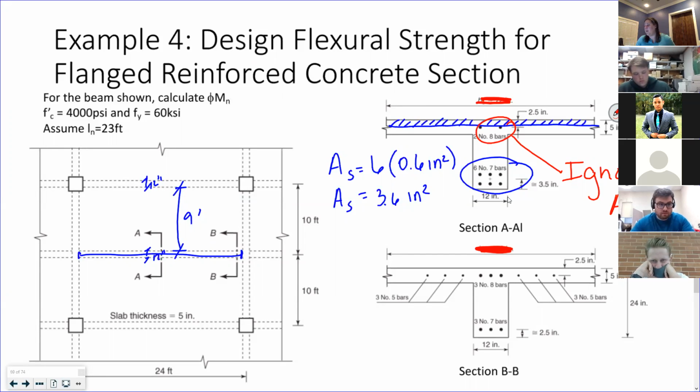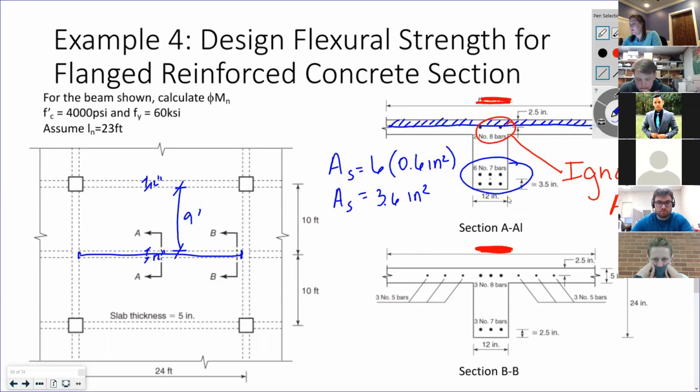And actually what we're going to calculate, well, remind me to talk about it when we get there. So my As is 3.6 inches squared. That's my tensile steel, right? We're assuming positive bending here. And my d, I'm going to need it in a second anyway. They already wrote it for us.